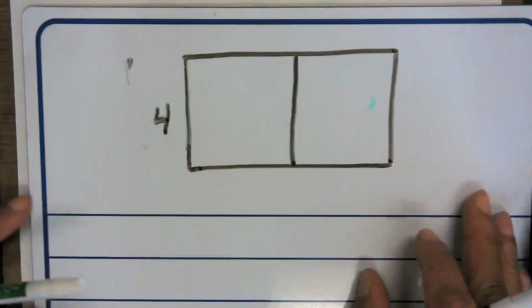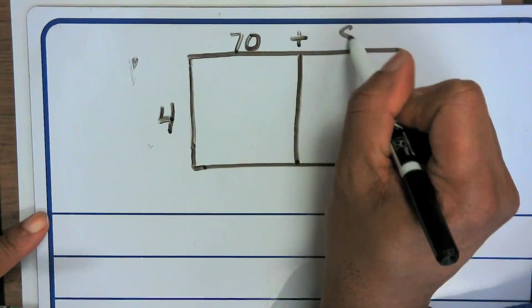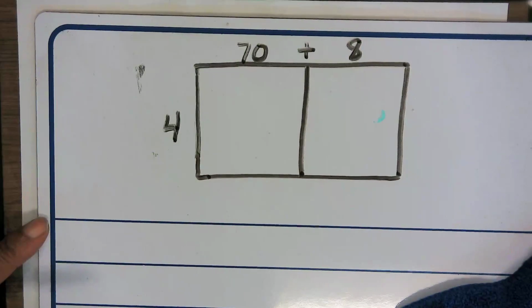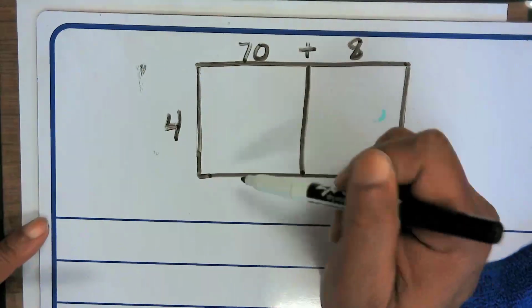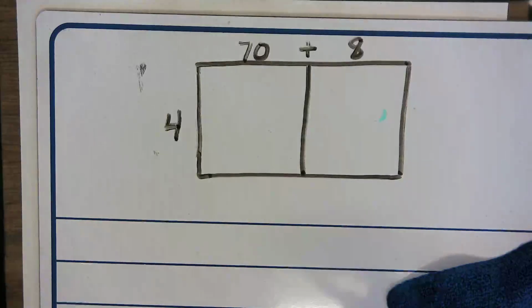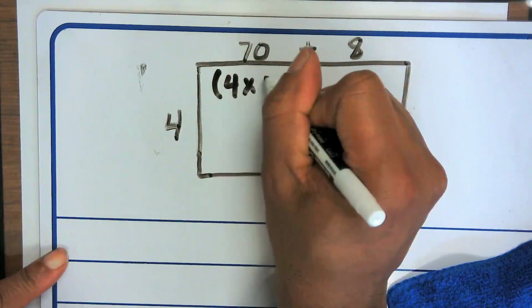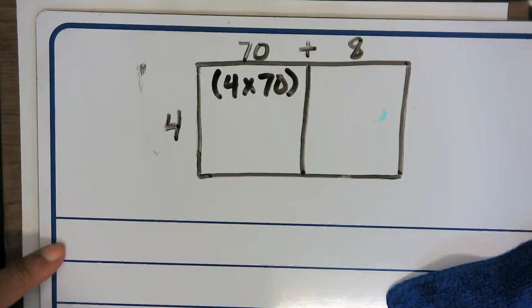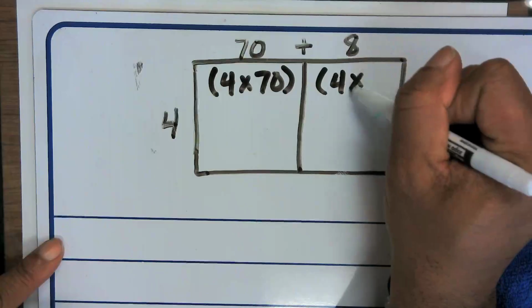Now the length is 70 plus 8. But in this part, it's for 70. So we used our understanding, 4 times 70, and then 4 times 8.